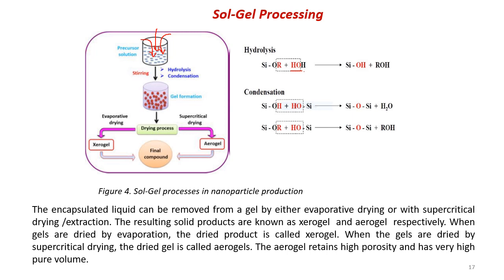Stirring is taking place. This process is called hydrolysis, so it should be continuously stirred. It will react with water and completely dissolve. This is called a hydroxide. So metal alkoxides are going to react with water, and here water acts as a catalyst.